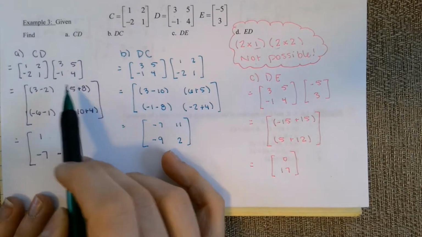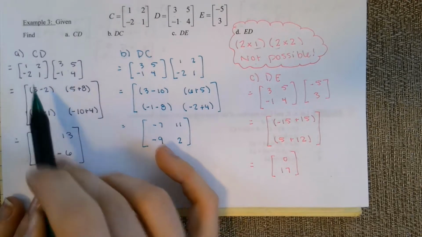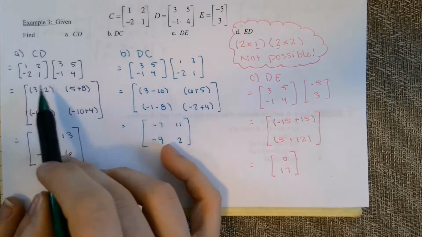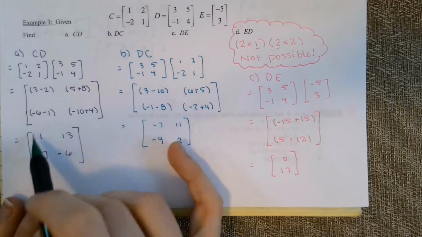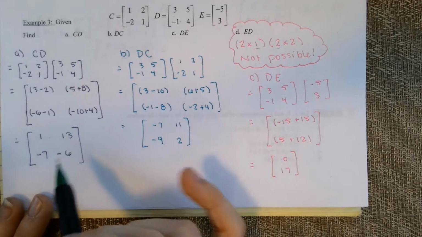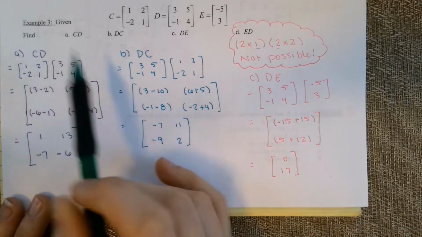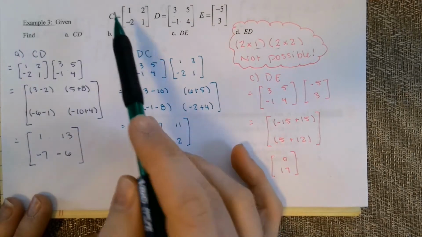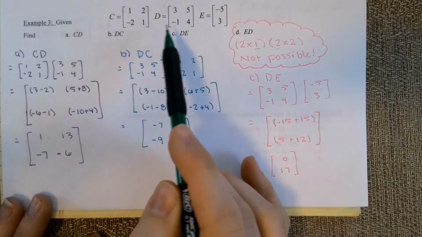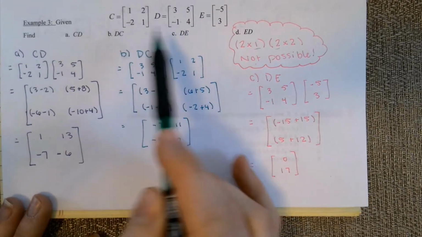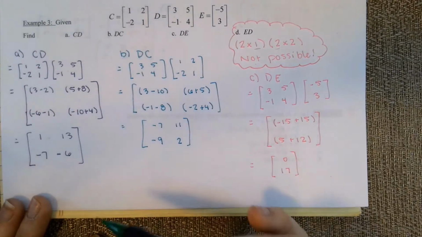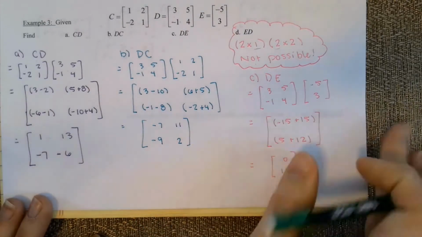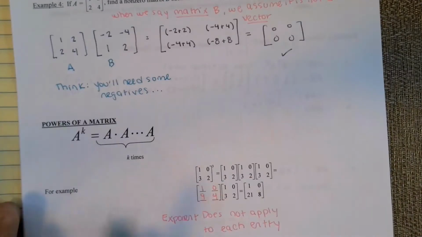Then I move down. 5 times negative 2 is negative 10. 4 times 1 is 4. Okay, and altogether, this matrix here is CD. And I can check to make sure this is the right size, because C was 2 by 2, and D is 2 by 2. So multiplying them together should give me a 2 by 2 matrix. There it is.